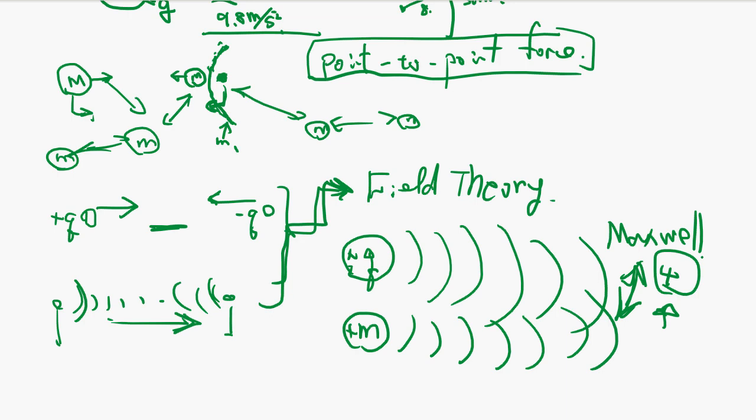There's no way you can always deal with just charge and magnetic elements. So what's happened is we have something called electric field or magnetic field. What's a field? Okay, this is another mystery.